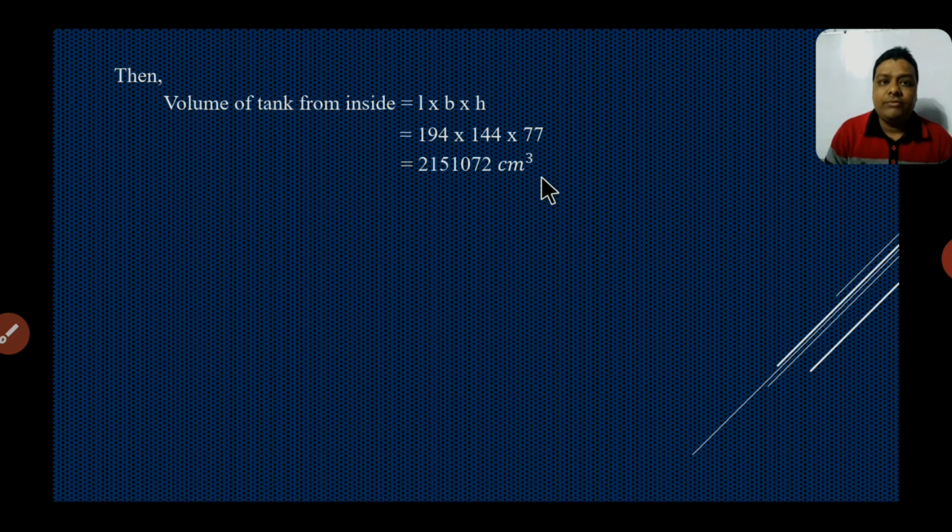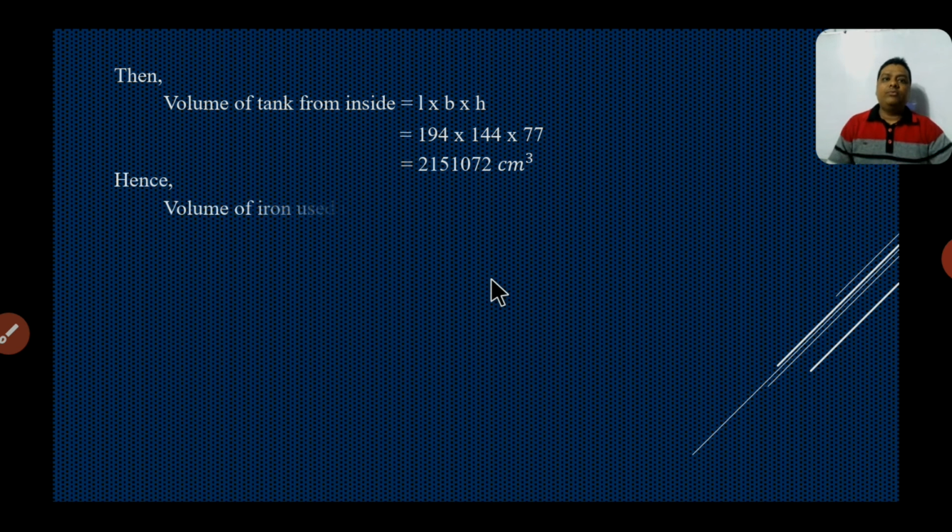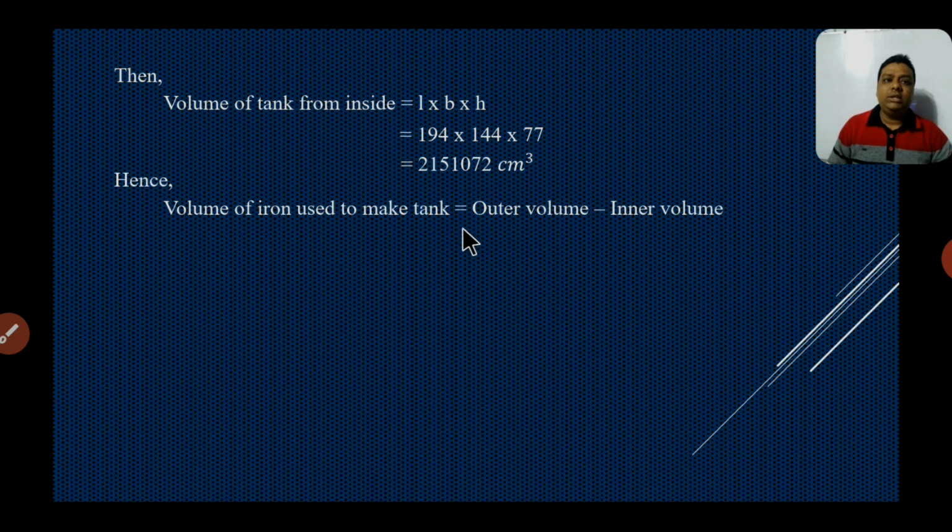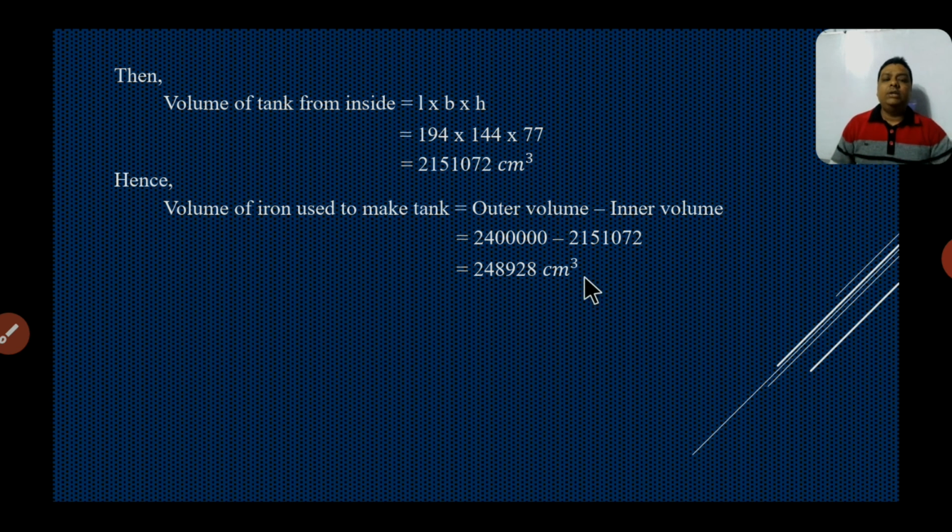This is the volume of the tank from inside. Now volume of iron used to make the tank is outer volume minus inner volume. After subtracting, we will get 2,48,928 centimeter cube, and it is the volume of iron used to make the tank.